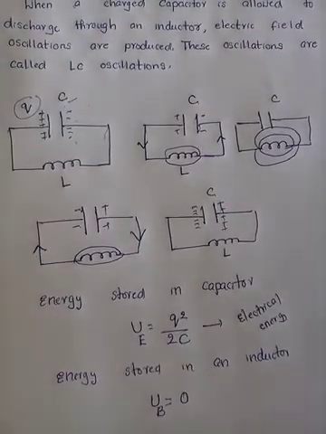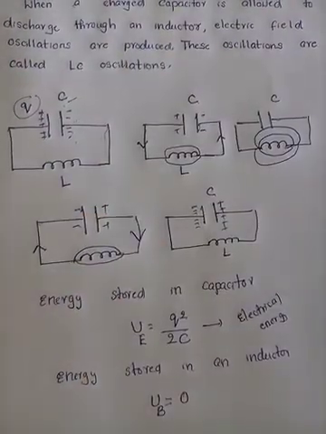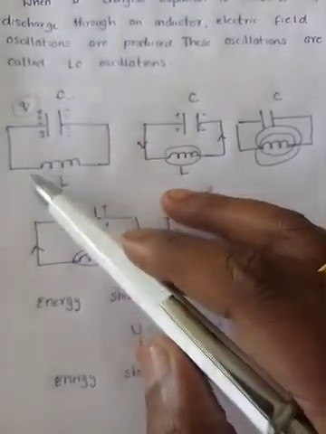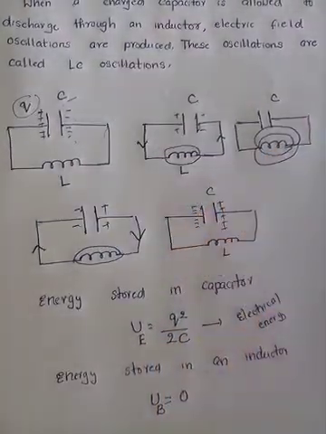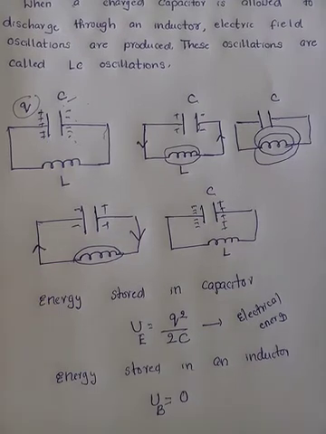Now what happens? The charged capacitor is allowed to discharge, means the charge is flowing from the capacitor to the inductor. As the charge is moving, the charge is varying, so there is a change of current.